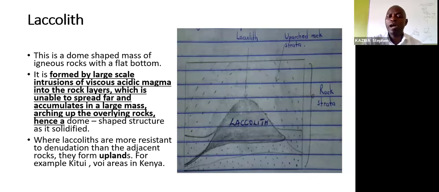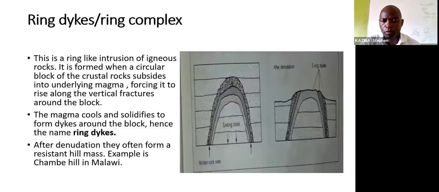So if they are made up of hard resistant rocks, the denudation process of erosion will erode the overlying layers and uplands will be formed. Don't forget to give the examples. Then you also have ring dikes. Now these ones are ring-like intrusions of igneous rocks.